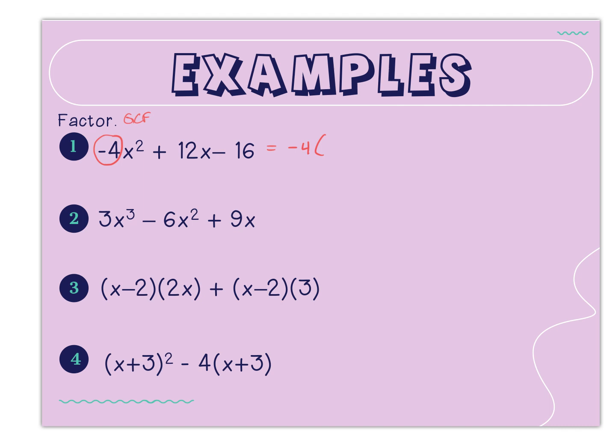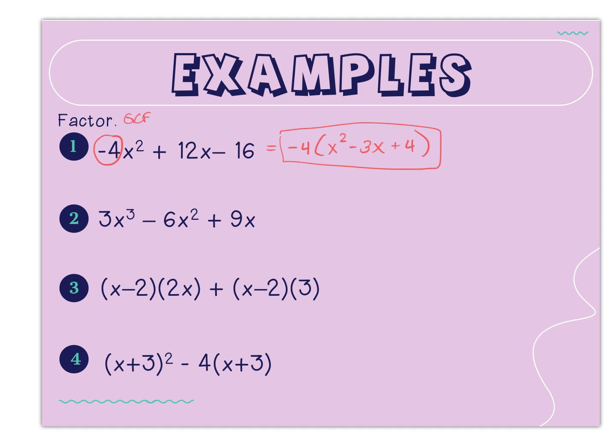And basically, if I take out a -4, -4x squared divided by -4 is just going to equal x squared. 12x divided by -4 is going to be minus 3x. And negative 16 divided by -4 is going to equal positive 4. And so this is the factored solution. These are the two things that multiplied together to equal this trinomial.